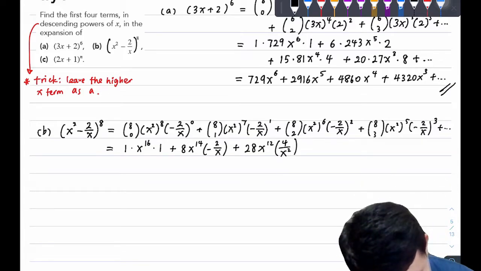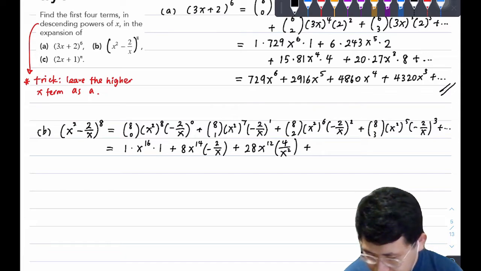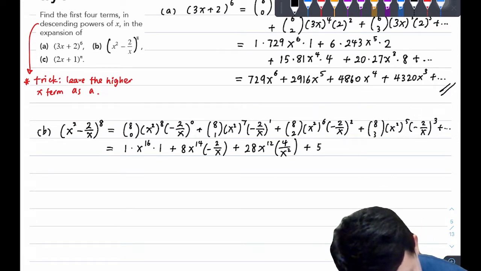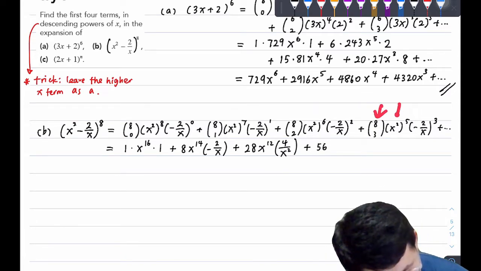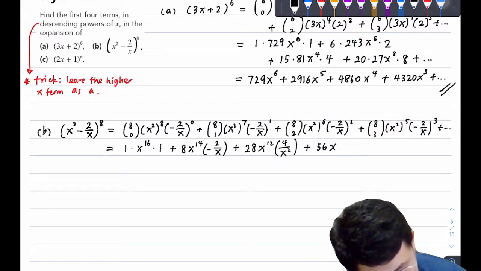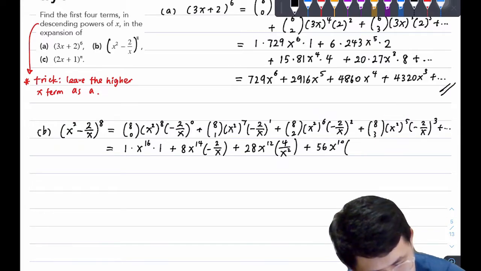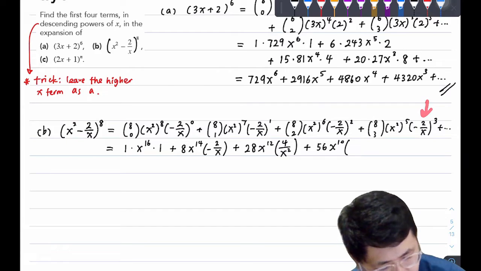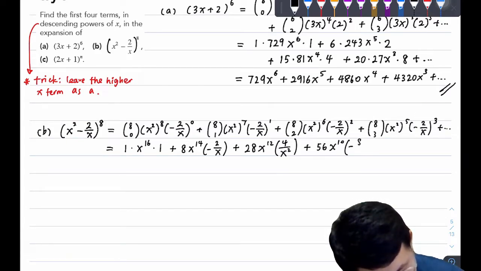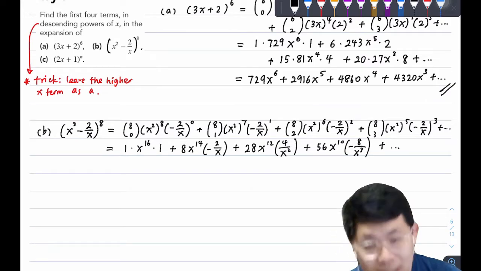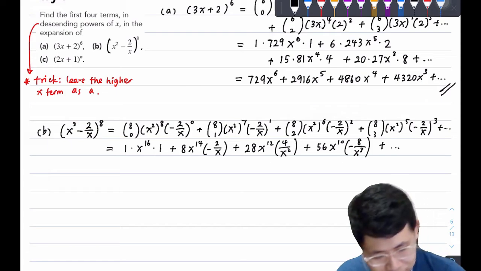Okay, last one, 8 choose 3, so this is going to be 56, right? 56 times x squared to the power of 5, so this is x power 10. Then this one I need to multiply with negative 2 over x cubed, so negative 2 cubed would give me a negative 8, and this would be x cubed at the bottom, right? And it continues, but we only need the first few terms.